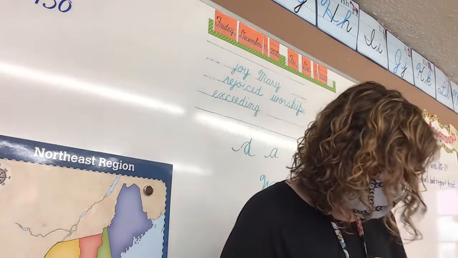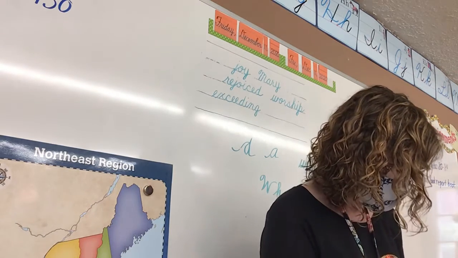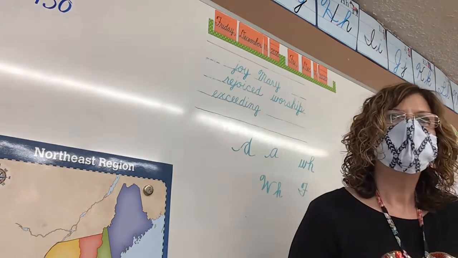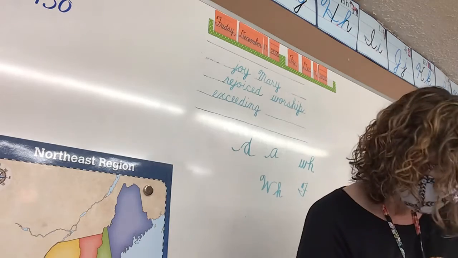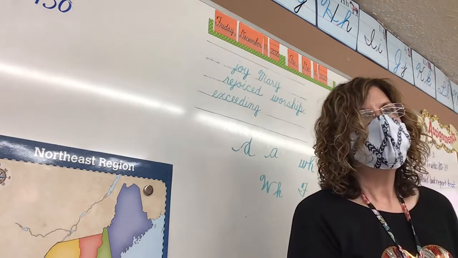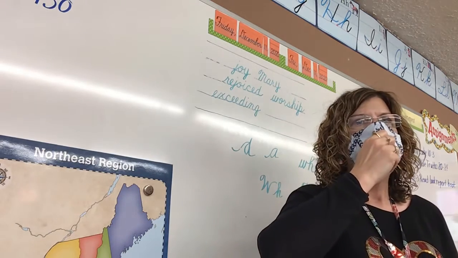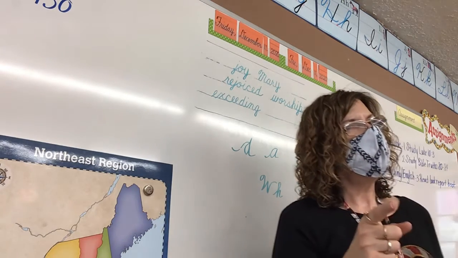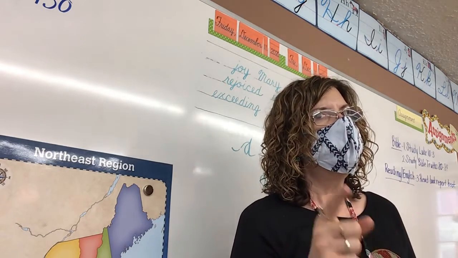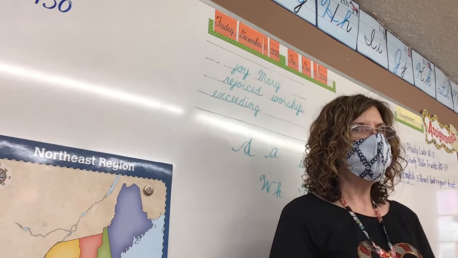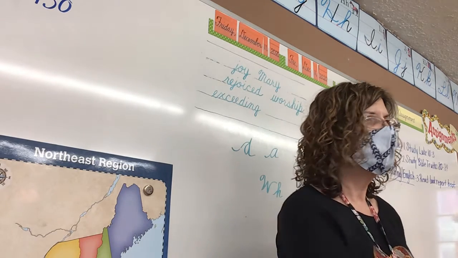Name 2 things that allow birds to fly. One thing. Feathers. Feathers and? Wings. That is sort of true, but that's not what they're asking about. Because not all birds that have wings can fly. The ones that can fly, besides having feathers, they also have something else.